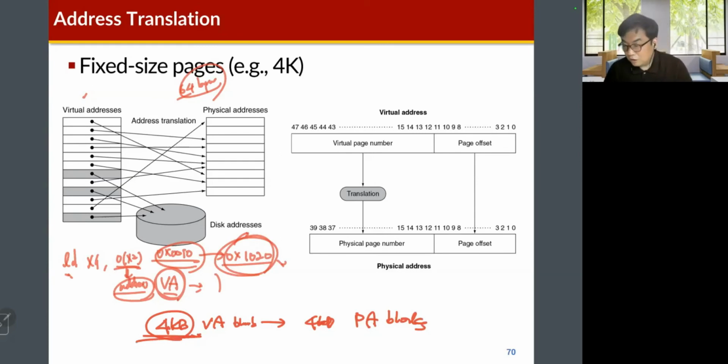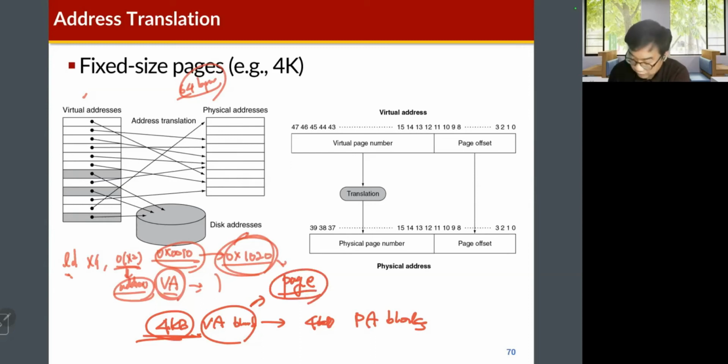It's rather larger than the byte size because it's 4 kilobytes. If we manage the mapping information with this large block chunk, then we can more easily manage the translation information from virtual address to the physical address, right? So this chunk is called the page.